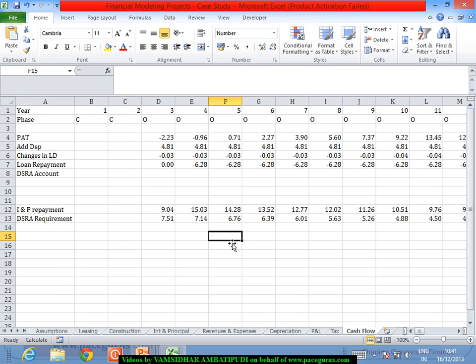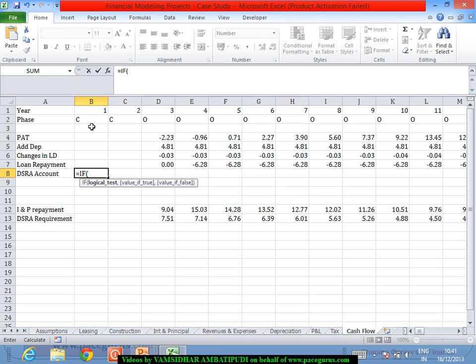Very well worked out. Now what I can do is, as a part of my DSRA account contribution in my cash flow statement, I can very well work out with these numbers, saying, okay, for the operations period, all I can now put up is, if this is the operations period, I am talking about the net DSRA position for each of the years.